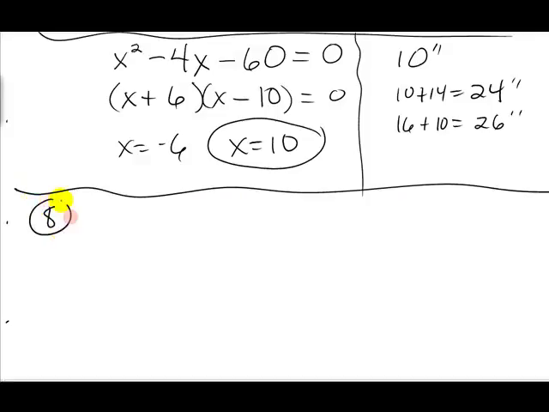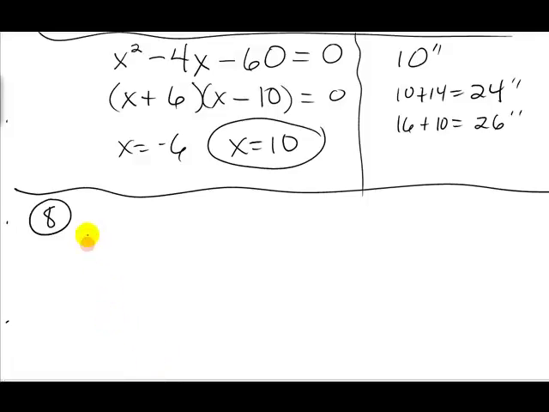Number 8. A triangle is 4 centimeters wider than it is tall. The area is 70 centimeters squared. Find the length of the base.